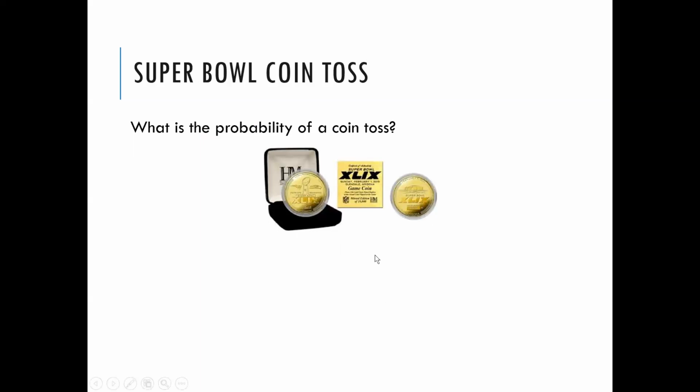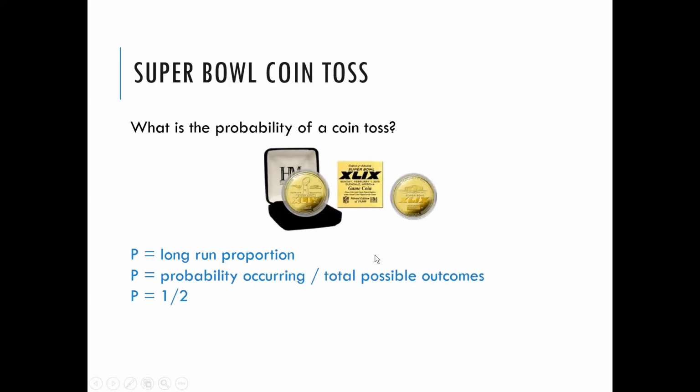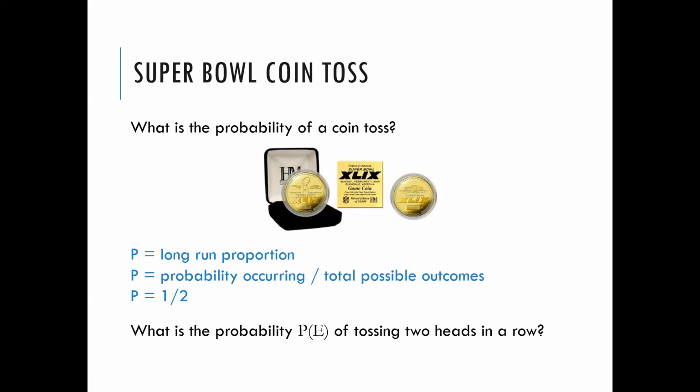So what's the probability of a coin toss? All right, so P, the long run proportion, is the probability of an event occurring over the total possible outcomes. And we know that for a fair coin, the probability of heads is 0.5 and the probability of tails is 0.5. What's the probability of tossing 2 heads in a row?